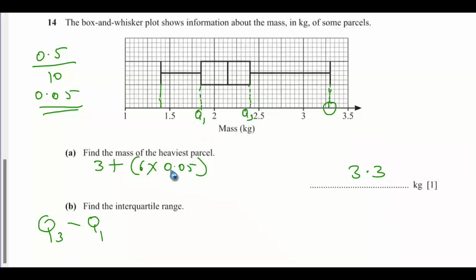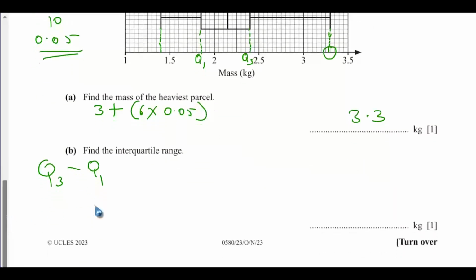So if we can get that, Q1 will be equal to 1.5 plus, let's see, how many lines do you have? From 1.5 you have 7 lines, so that will be 7 multiplied by 0.05, that is the value of a line. So if you do this, you will get 1.85, so that is Q1.